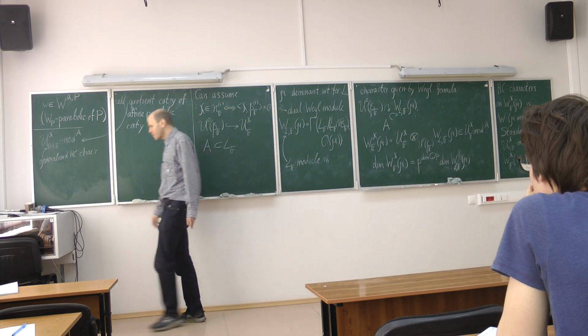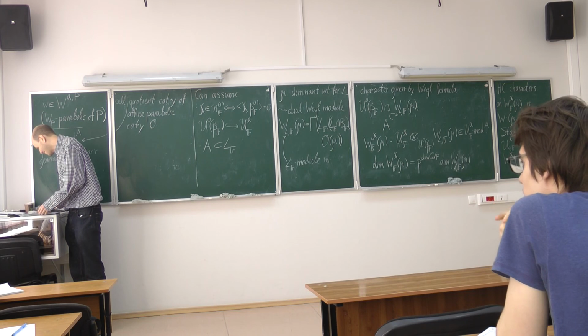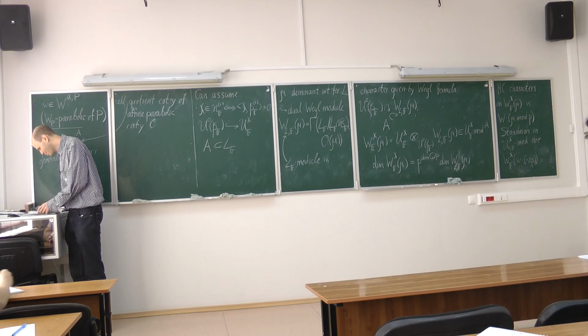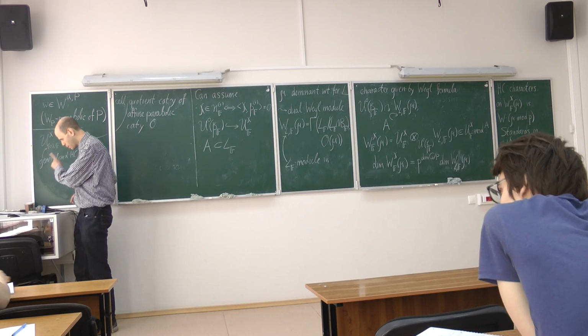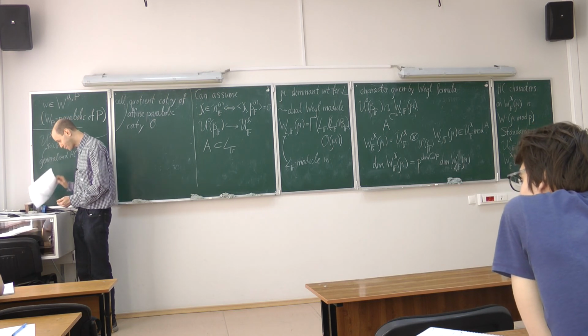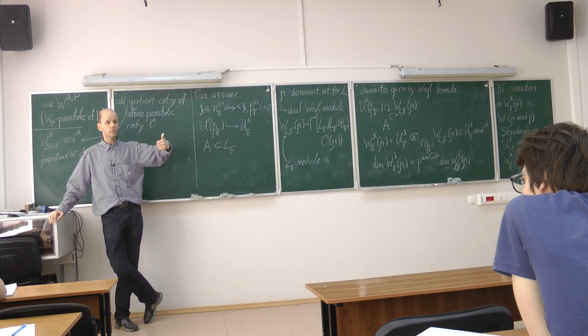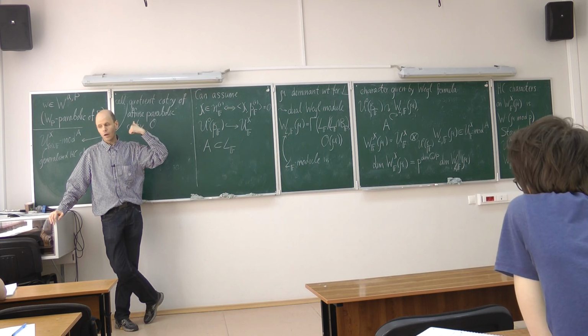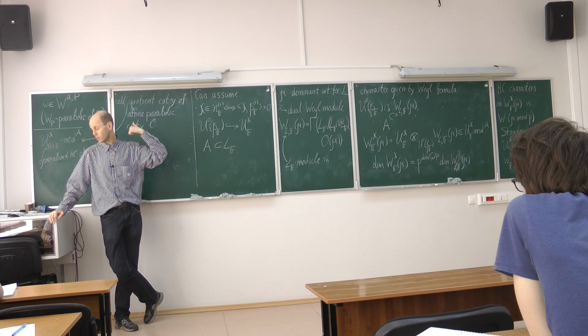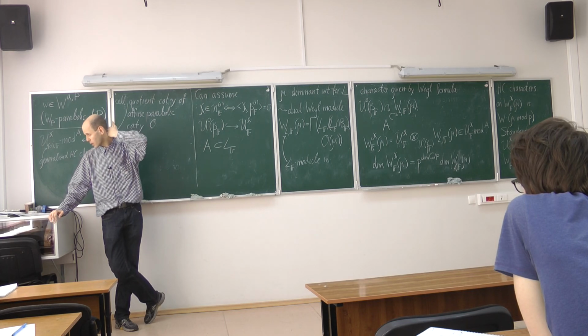Okay, so let me tell you a little bit of what's going to happen tomorrow. Tomorrow I'm going to repeat some of this stuff. I'm going to write the character formulas. And I'm going to start explaining how such character formulas can be proved.